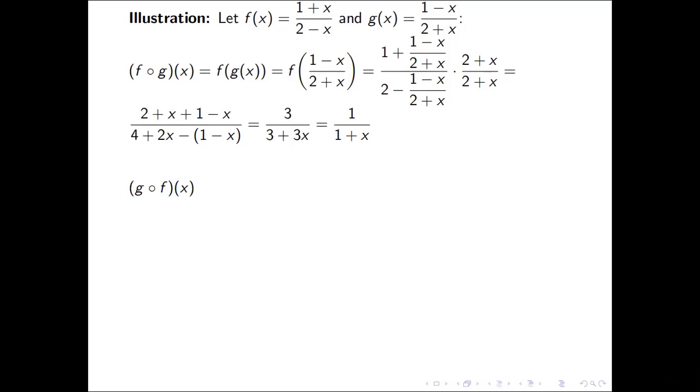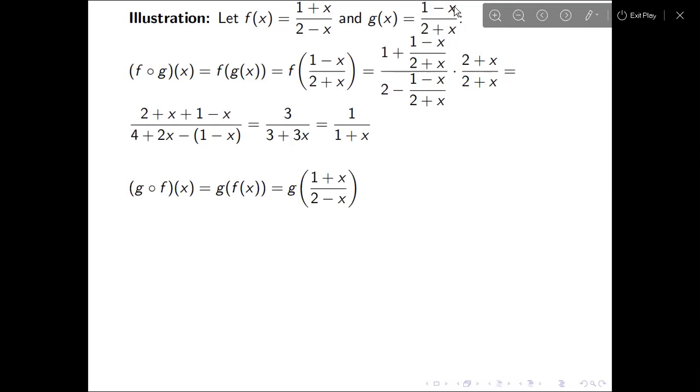Now, it's not the same, okay, as g of f of x. This time for g circ f of x, we have f inner, g outer. So g of the function f of x. And then we put f of x here inside. And then this time for each occurrence of x in g, we replace by this expression for f. Same thing as before.